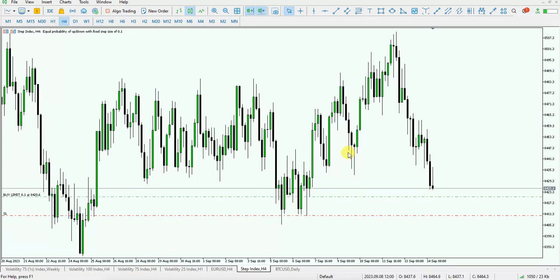On the 4-hour time frame, what we see is that price had already traded into this area. This is another block. Price traded into it and got bounced off, traded into it again and got bounced off. Apart from that, we are not seeing anything else.